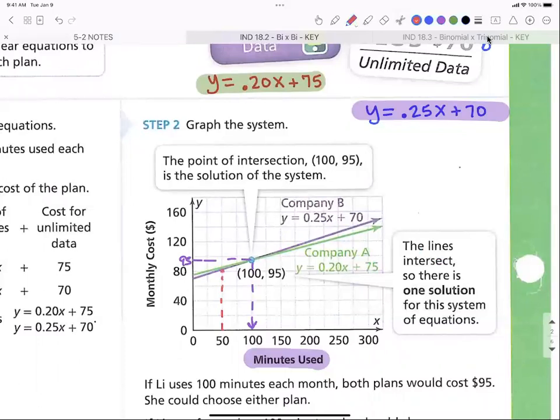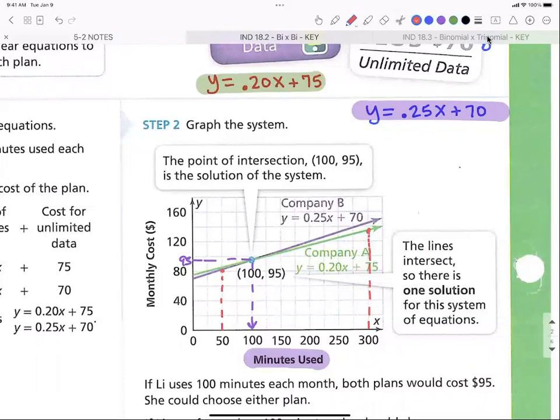It's a little bit lower, right? So you're going to pay about $80 there, whereas company A, you're going to pay a little over $80. So if you're not going to use the phone a whole lot, it makes more sense to go with company B. If you know you're a talker and you're going to be using that phone a whole lot, come out here to 300 and go up and see which company is cheaper. And it's going to be company A.